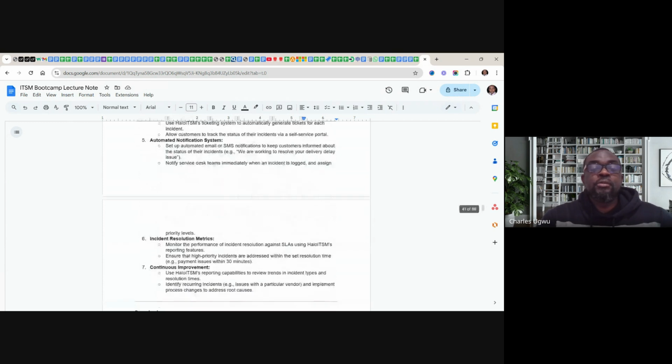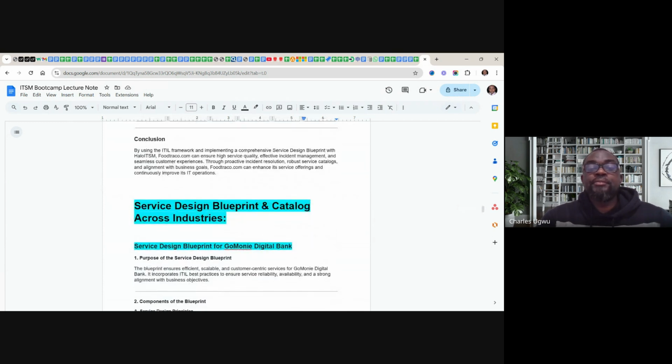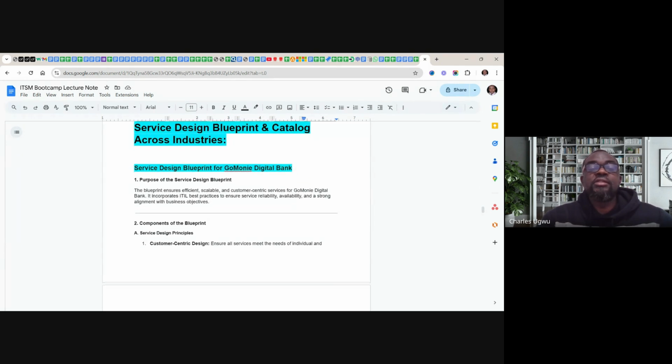So I want us to talk about other organizations, to look at the kind of services we can visualize. For instance, banking, NHS, and things like that.